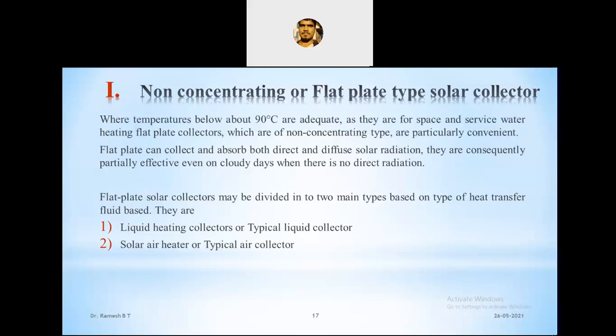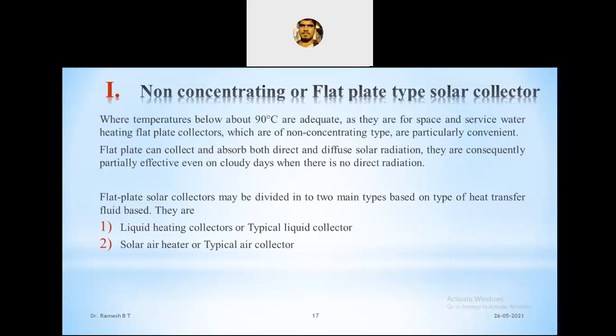Flat plate solar collectors may be divided into many types. Two important types are the liquid heating collectors, typically liquid collectors, and solar air heaters, which are typically air heaters. We already know that flat plate collectors have one essential component called the absorber and the collecting area.